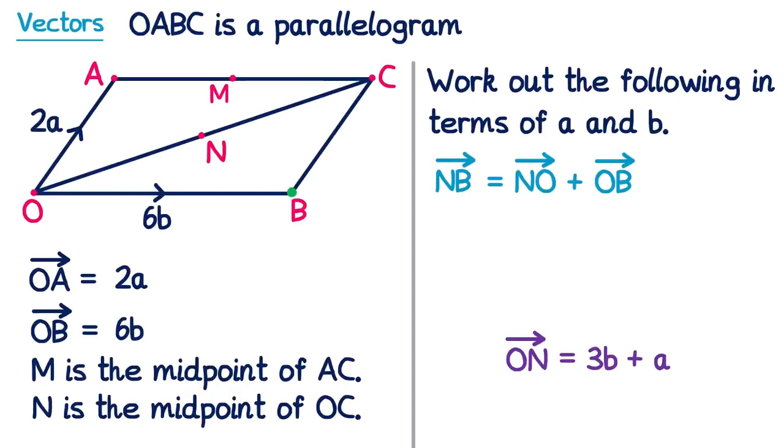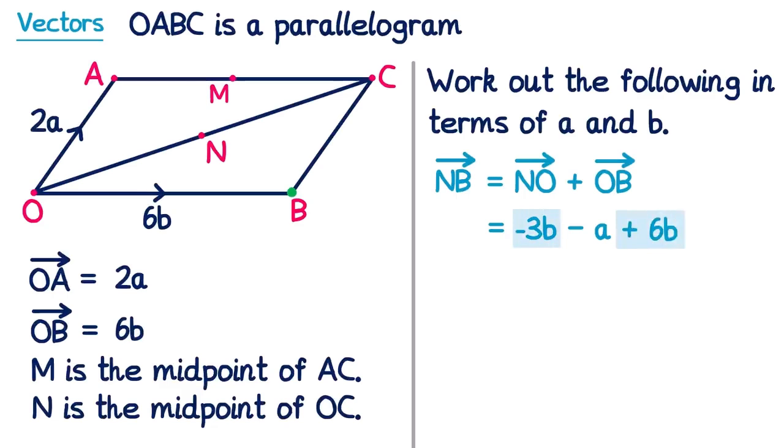So instead of 3B plus A, it's minus 3B minus A. Then we need to add to this the vector from O to B, and you can see that's on the diagram, that's 6B. Then we just collect these like terms. We've got negative 3B plus 6B, which is 3B, and then minus A. So from N to B is 3B minus A.